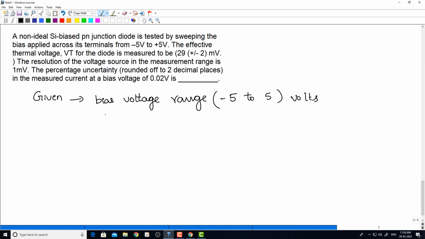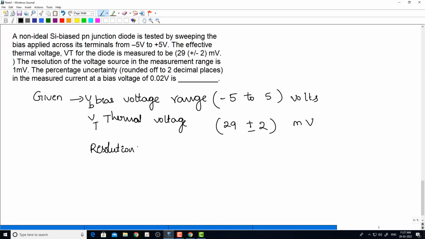The thermal voltage for the diode is 29 plus or minus 2 millivolts. And the resolution of the voltage source is 1 millivolt.